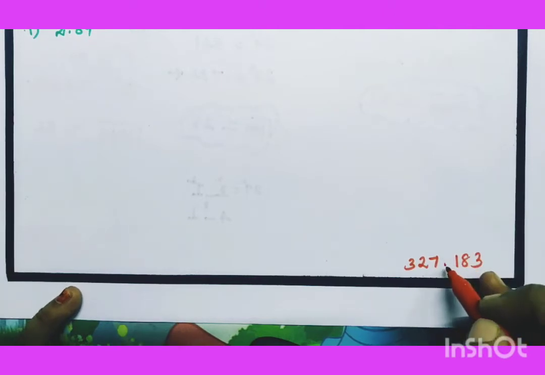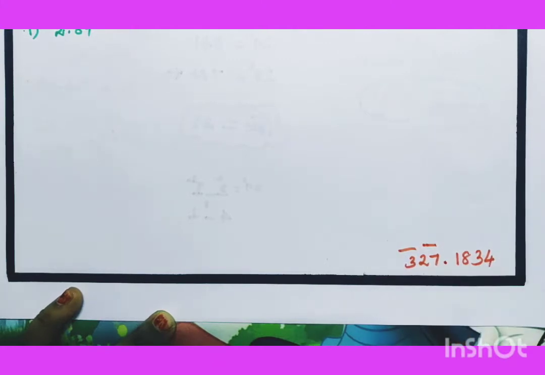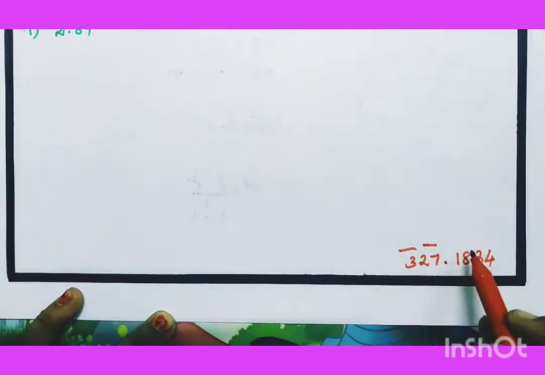So how to make the bar? See my children. The integral part, the whole number part, is separate. So 2, 1 over. Understood? Now how will I make the decimal part? After the point, from the beginning, you have to make the pairs.